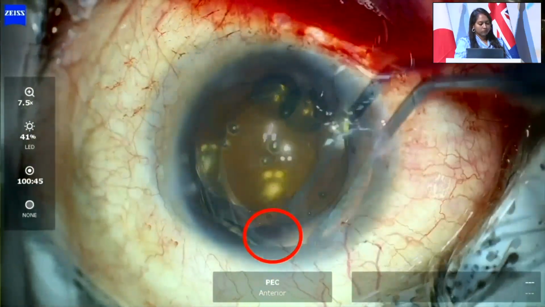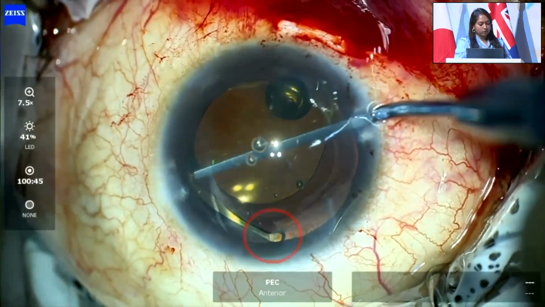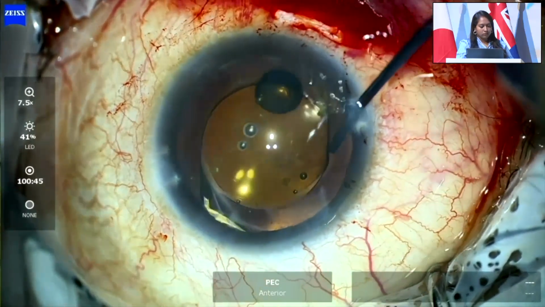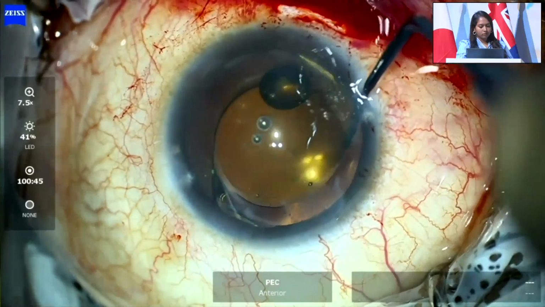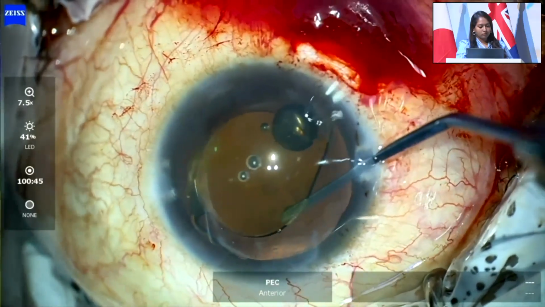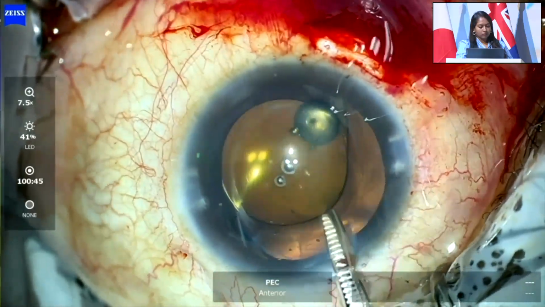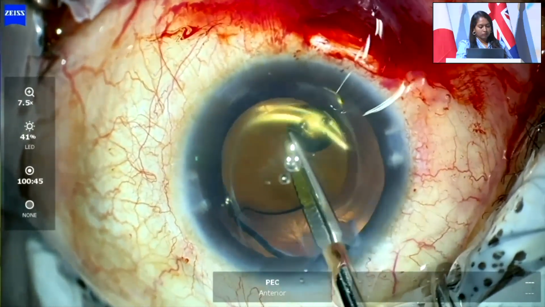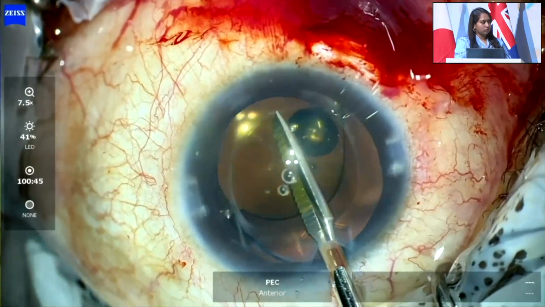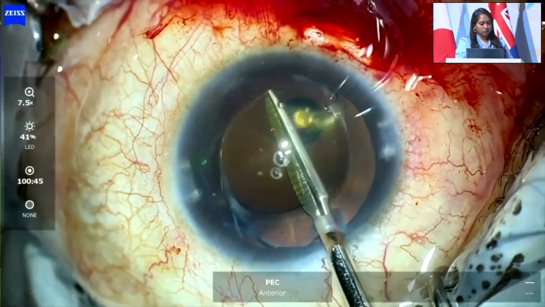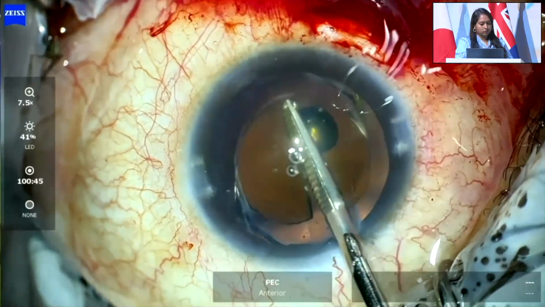Encircled in this video, we can see a fibrosed tunnel surrounding the knob of the haptic. Hence, a decision to cut the optic in half within the bag using an IOL cutting microscissor was made, disengaging the two haptics from each other.